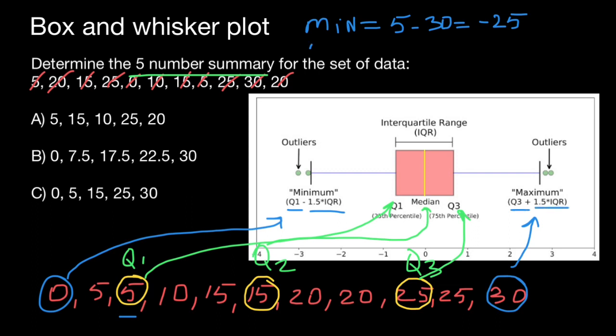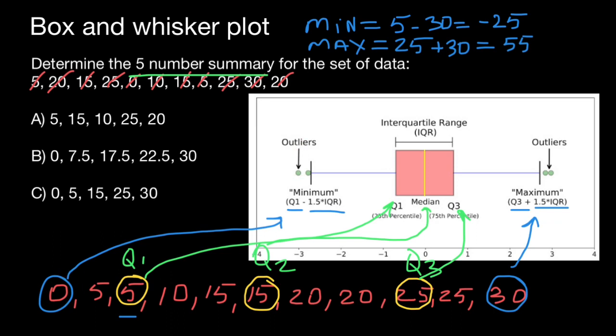So again, the maximum limit is quartile 3, which is 25, plus 30, and this is 55. The maximum number which we have here is 30, and everything below minus 25 and above 55 would be outliers, but we don't have such numbers.